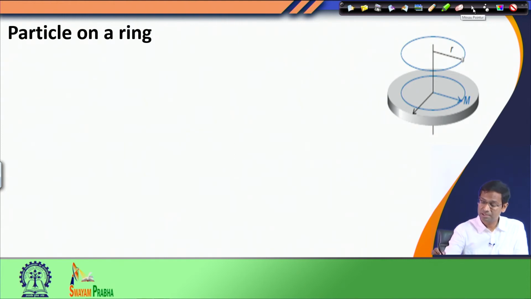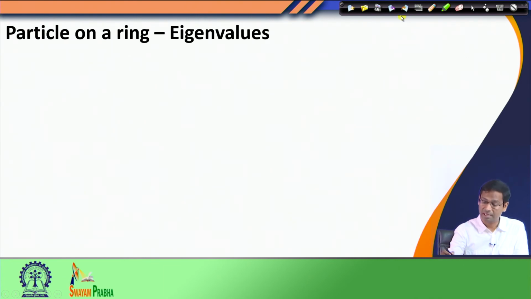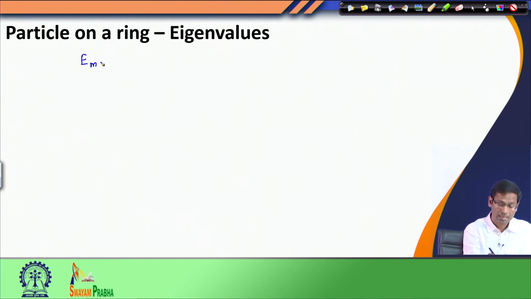We will now discuss a little more about these eigenvalues that we just discussed. So, we saw E m is m square h bar square divided by 2I, where m is 0, plus minus 1, plus minus 2, and so on and so forth. What is the lowest possible value of m? That is 0.